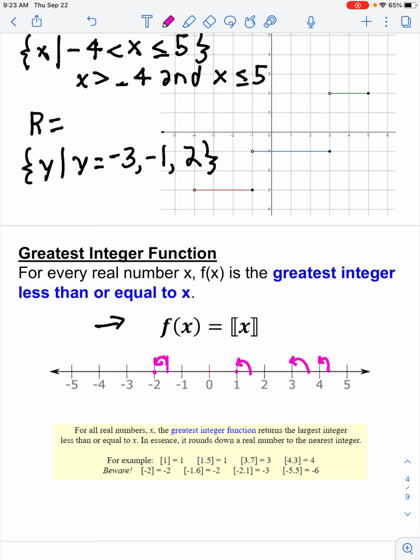How about -2.1? Slightly to the left on the number line. Well, the greatest integer less than or equal to -2.1 is -3. And if I evaluated -5.5, which is off my number line, it would go to the next integer of -6. So you get the idea of how the greatest integer function evaluates.